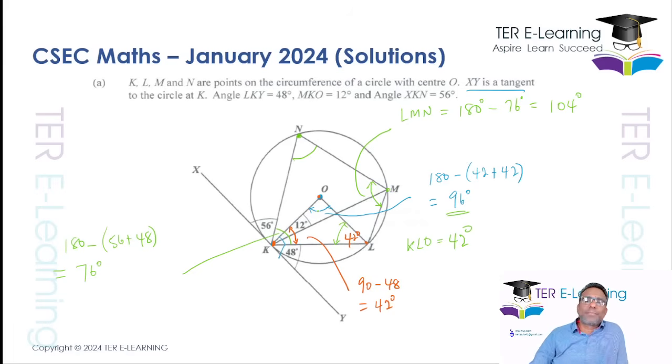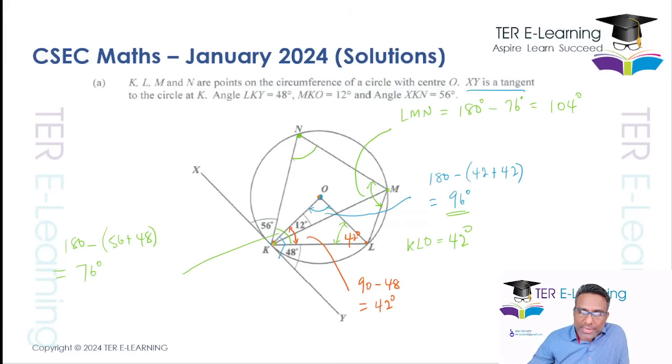Make sure I'm seeing this correct. Right, so here's how we're going to do this. This blue angle here was 96. So that means, now this is an angle at the center.